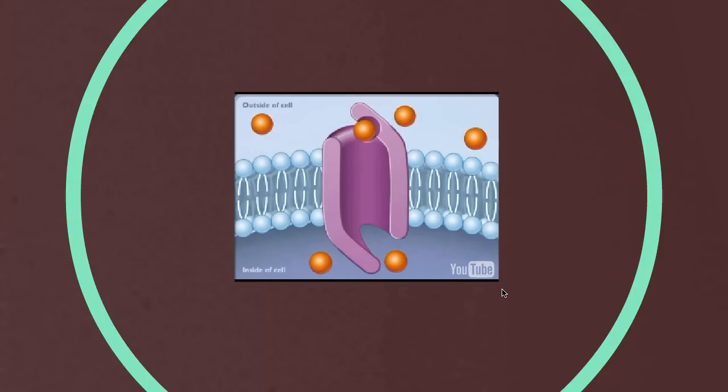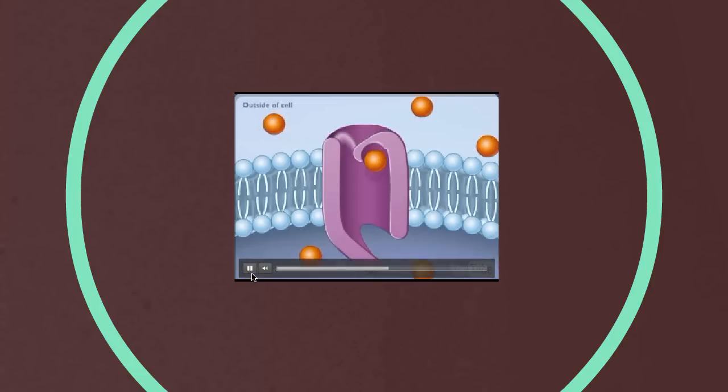Facilitated diffusion is similar to simple diffusion in that both involve movement of molecules down their concentration gradient. Now notice on the outside of the cell, there are 4 molecules, whatever they may be, and on the inside there are 2. So the molecules are moving from high to low, but they're having to use a helper protein to do it. And this movement is carried out without any input of energy.